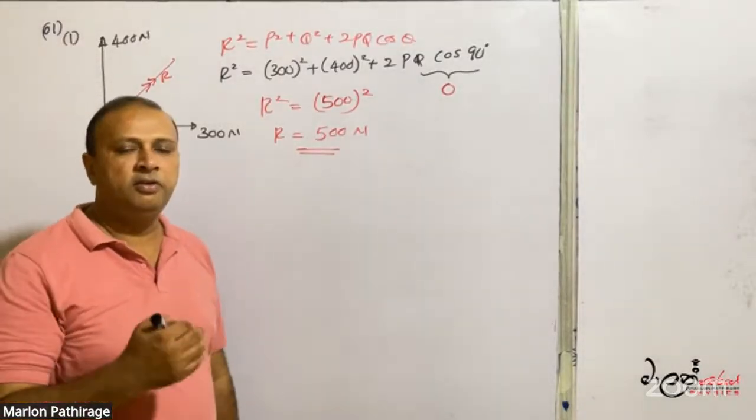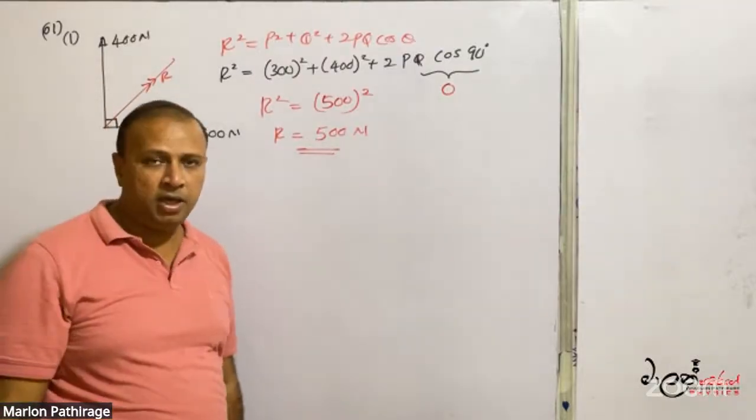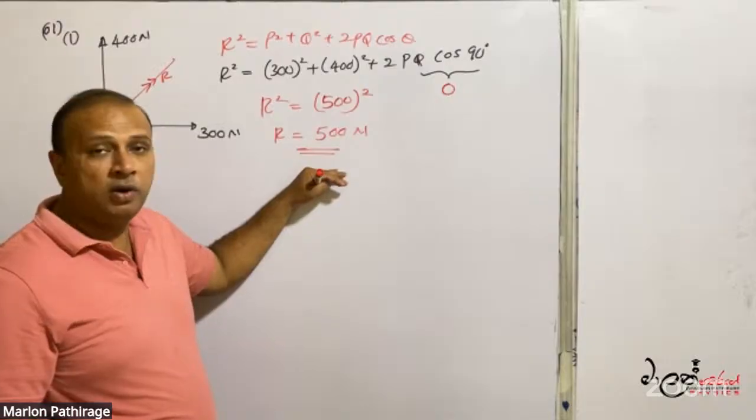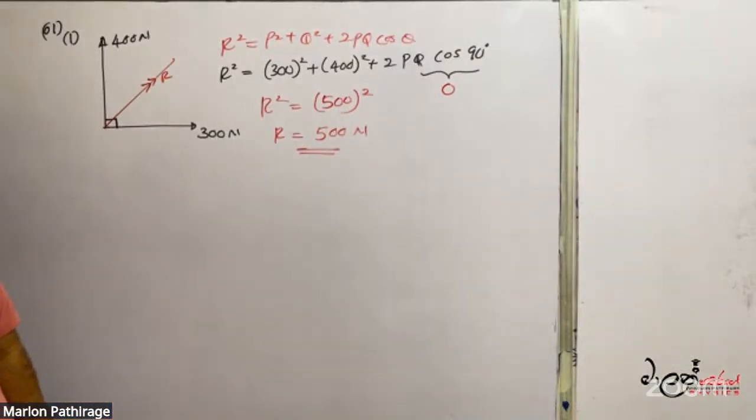Okay. So when you are determining a vector, actually you have both magnitude as well as direction. When you are drawing the diagram, can you draw the 300 Newton vertically and the 400 horizontally?